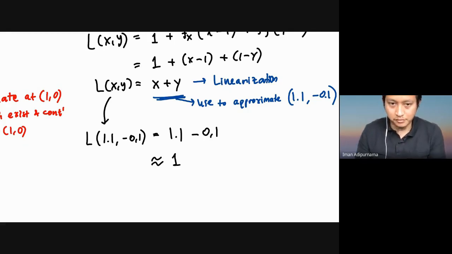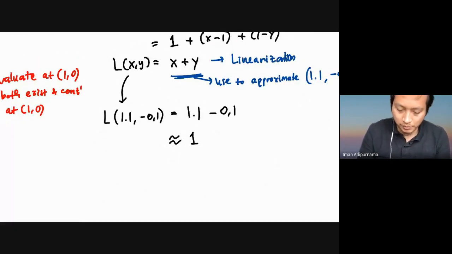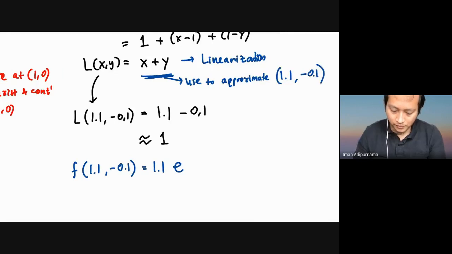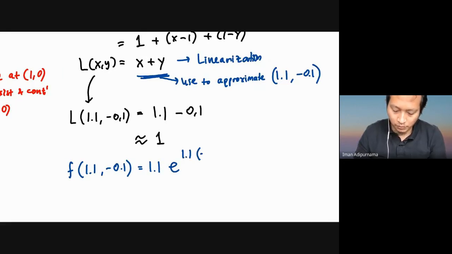Okay, is it true? You can also check with your calculator how good our approximation is. Remember, this should be approximate, so it's not exact, so it's not equal, it's approximate. That's the difference. If we want to look at the real value, we can plug this value into our original equation. So 1 times e, and then 1.1 multiplied by negative 0.1.